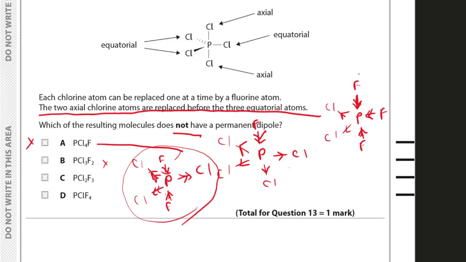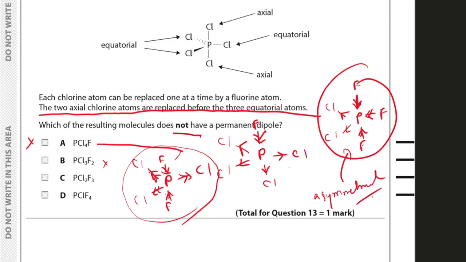So this makes it a symmetrical molecule. This does not make it a symmetrical molecule either, making it also asymmetrical as well. And this will also be asymmetrical considering A and D's reasons are kind of the same. It says that instead of chlorine there are 4 fluorine atoms, so C and D are cut.